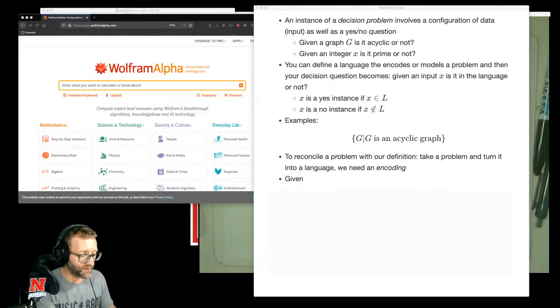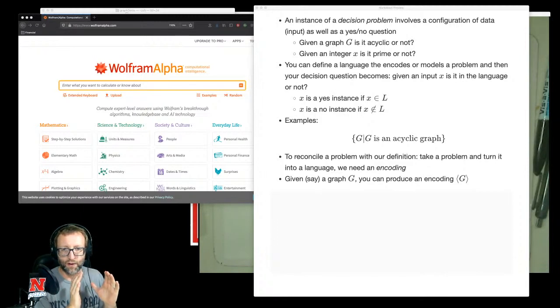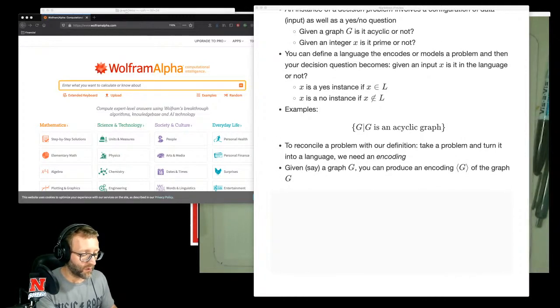Given, say, a graph G, you can produce an encoding, and we denote that with angle brackets, ⟨G⟩. It ends up looking like that in LaTeX. It's not a less than greater than sign. It's these special things that are used in some other instances in mathematics to denote things. But we're going to use it in computability theory here to say that that's an encoding of the graph G.